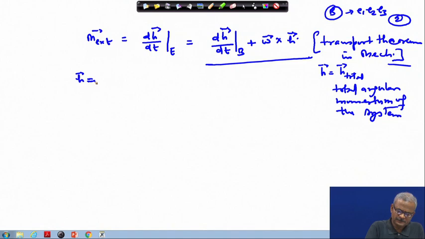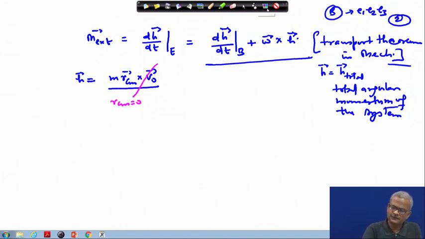So, H0 we have written as m times r center of mass cross V0. Obviously, this term will not be present because RCM equals 0 here.